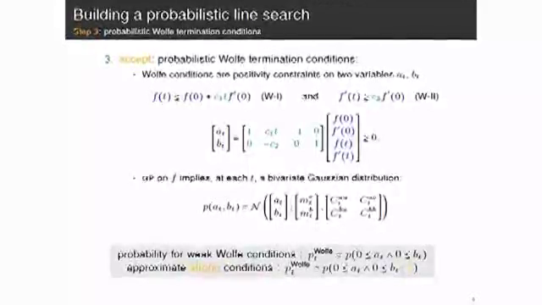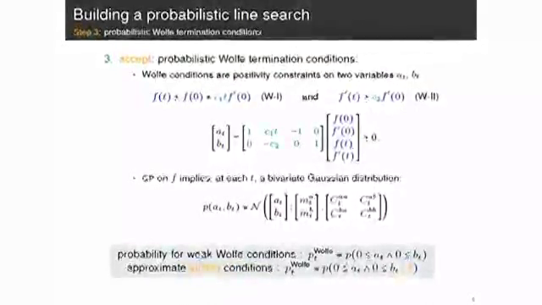So the probability for the weak Wolfe conditions to hold is the integral over this probability density over the positive quadrant. All right, there is also a straightforward approximation to the strong Wolfe conditions, and it basically does exactly the same computation, but it exchanges one limit of the integral.